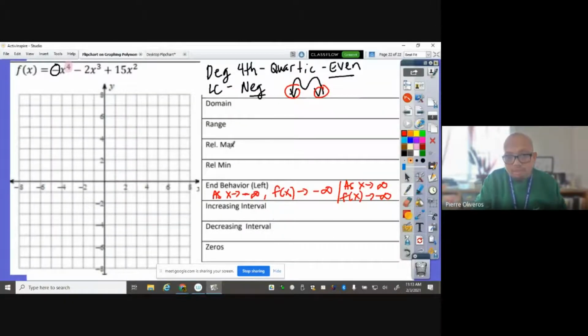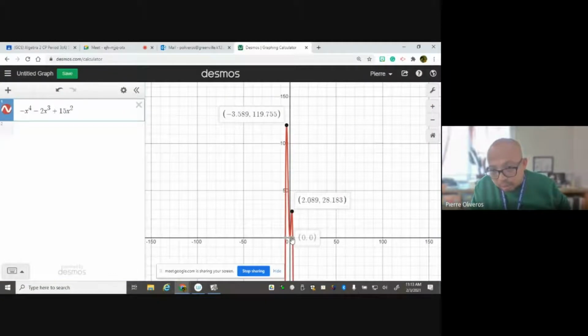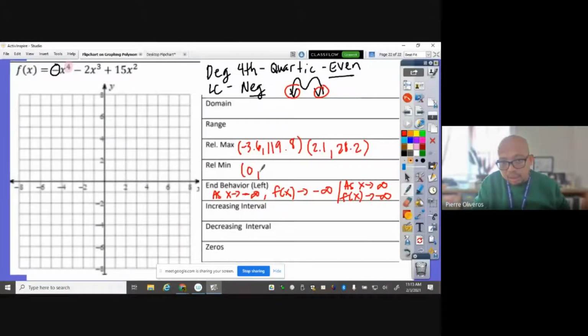My relative max values are -3.6, 119.8 and 2.1, 28.2. What about our relative min? The relative min is the one that goes down there, which happens to be here. It's 0, 0. So my relative min is 0, 0 there.